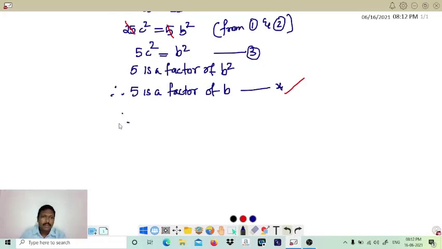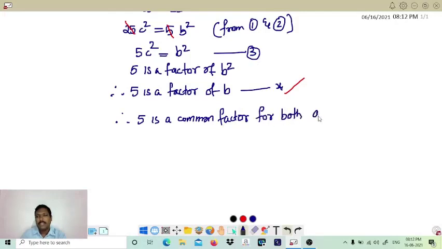Therefore 5 is a common factor for both a and b.